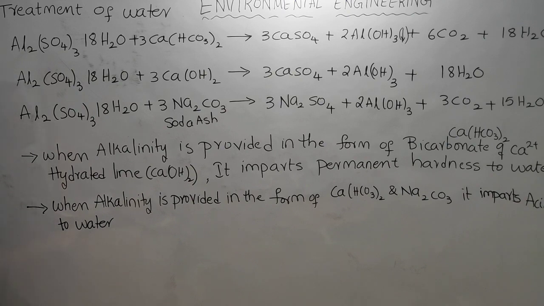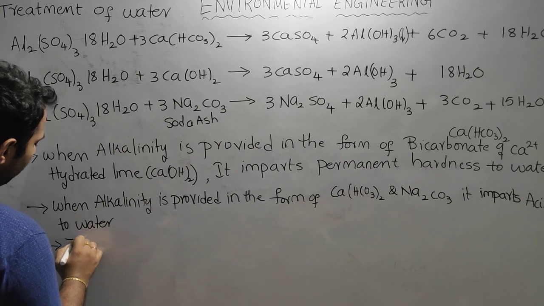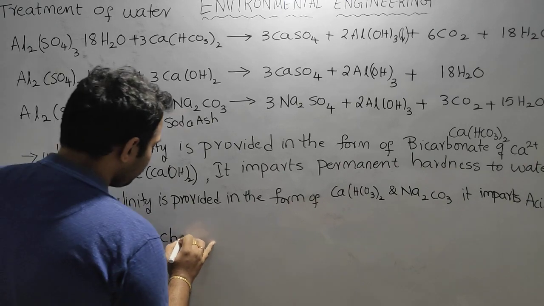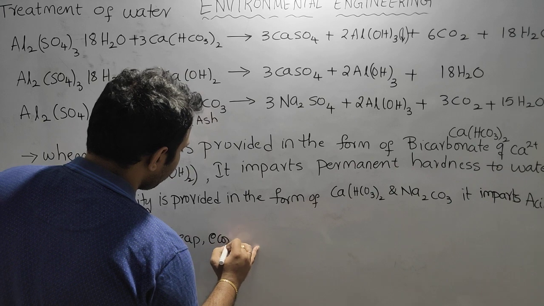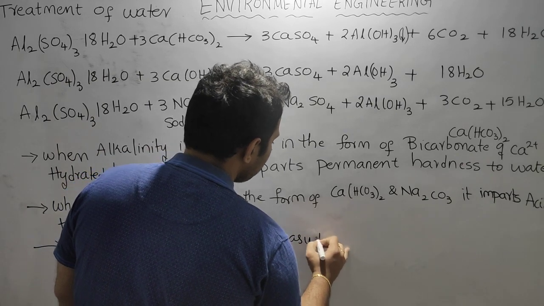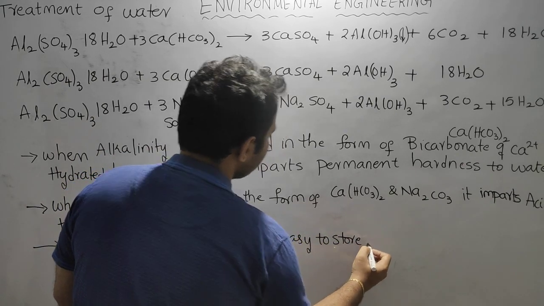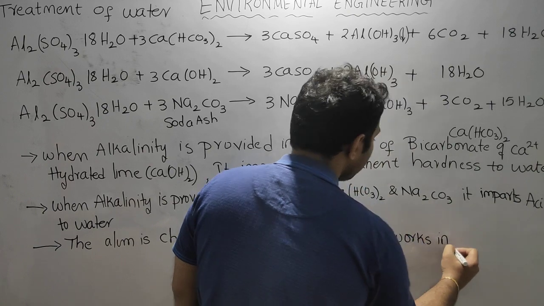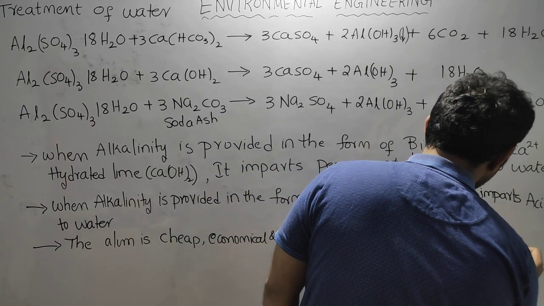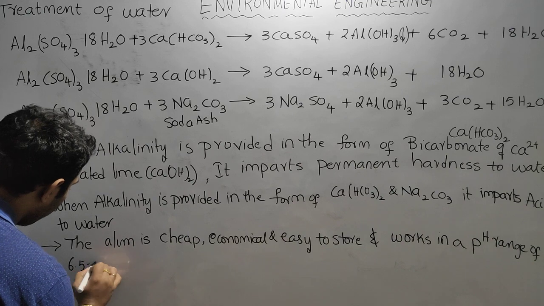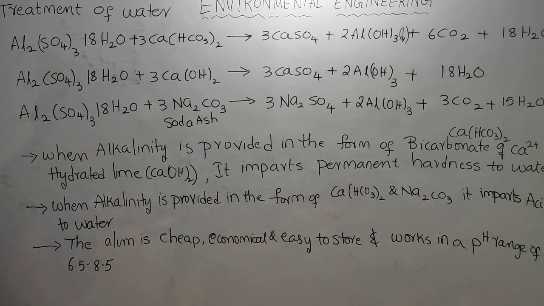Alum is cheap, economical, and easy to store, and it works in a pH range of 6.5 to 8.5, which is the pH range of drinking water.